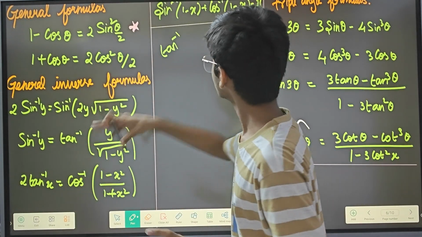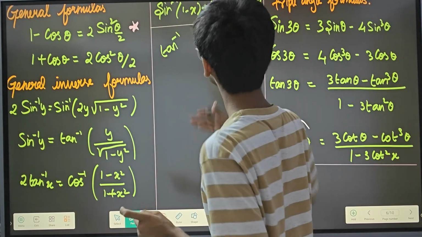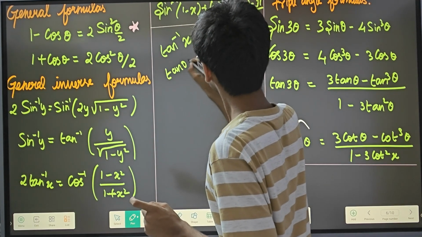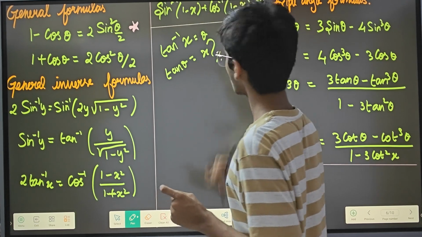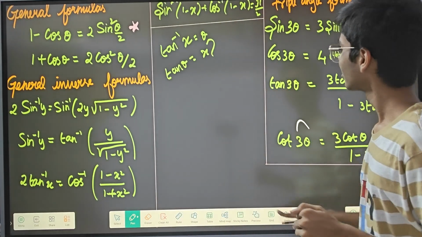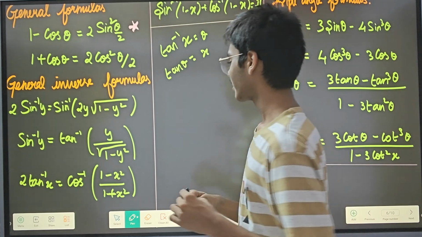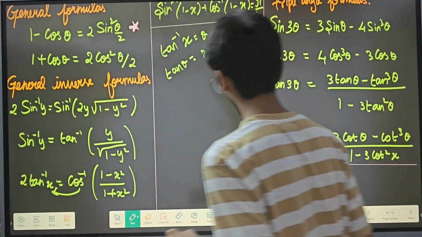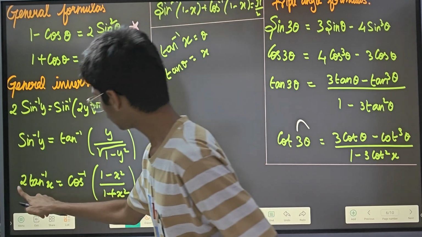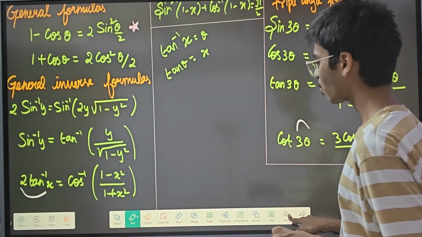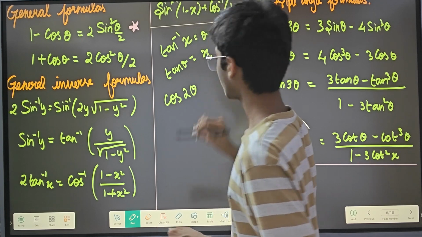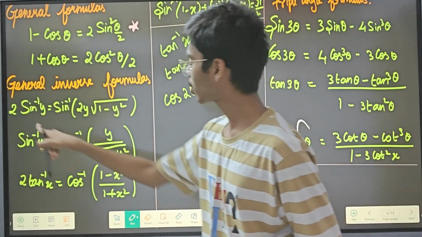So tan inverse x is equal to theta. Then tan theta is equal to x. But the question is how? That is the shortcut trick we are going to deal with. Put this over here. When you put this over here, this 2 will be combined with the theta itself, theta of cos, so it becomes cos 2 theta.